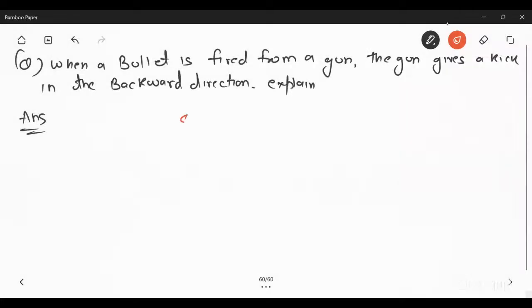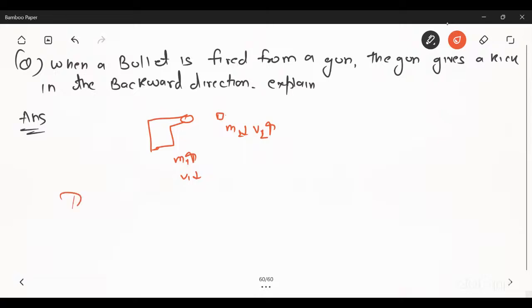Now suppose that was a gun. When a bullet is fired from it, what will happen? The mass of the bullet is less, so its velocity will be high, and the mass of the gun is high, so its velocity will be less. So due to the law of conservation of momentum, we get a backward force when we fire a bullet from a gun.